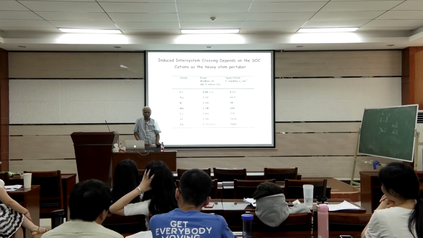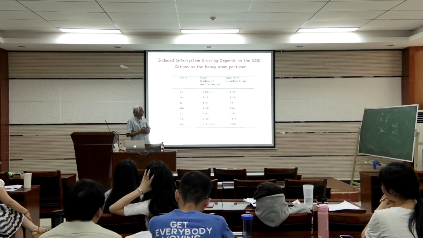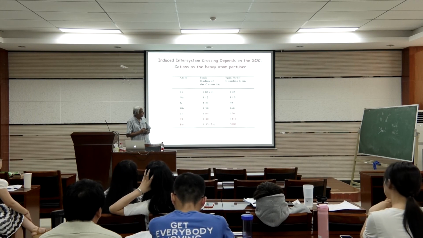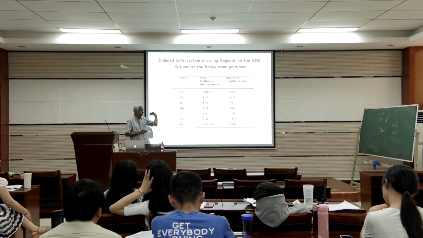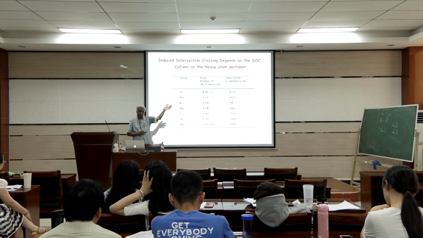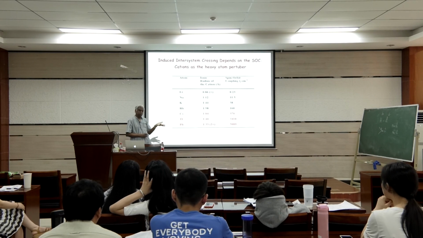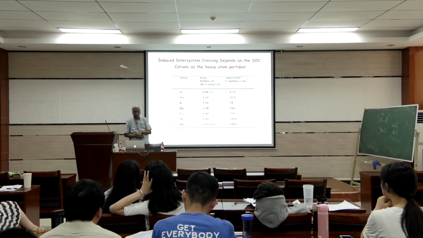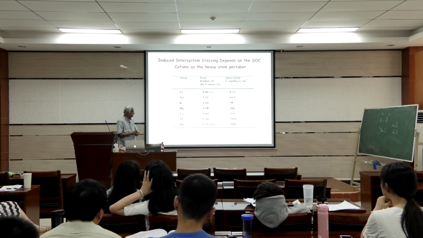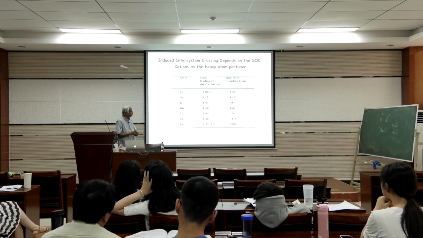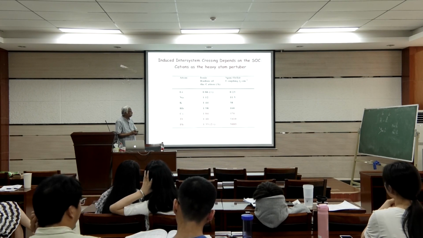Last one, this one. So it depends upon the spin orbit coupling parameter. This number here is proportional to Z, the atomic number. So you don't need to remember this number, but if you remember the atomic number, you can tell which one is going to be more. Lead is very heavy compared to thallium, so you can see this has a higher number.